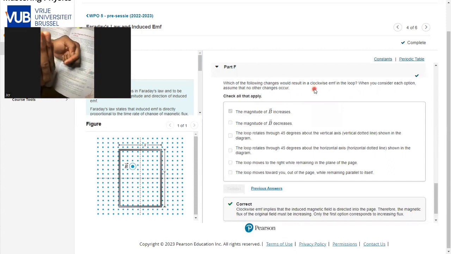So in clockwise, it means that my B is going to be increasing. That's my B. This is the idea that you have to understand.